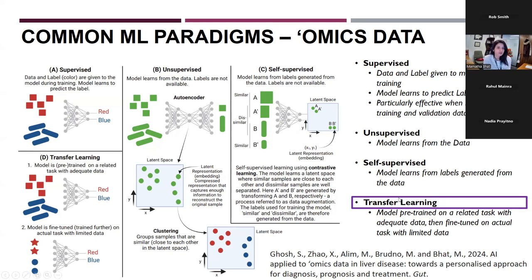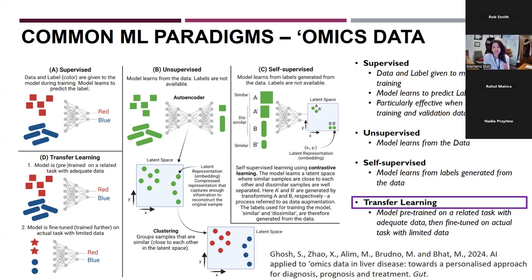For example, if you have a small institutional data set of rare data, for example in transplant, where you want to look at a certain condition that is relatively rare, you may want to pre-train your machine learning model on a larger data set that is available in the public sphere, and then fine-tune that model on the task with limited data at your institution.